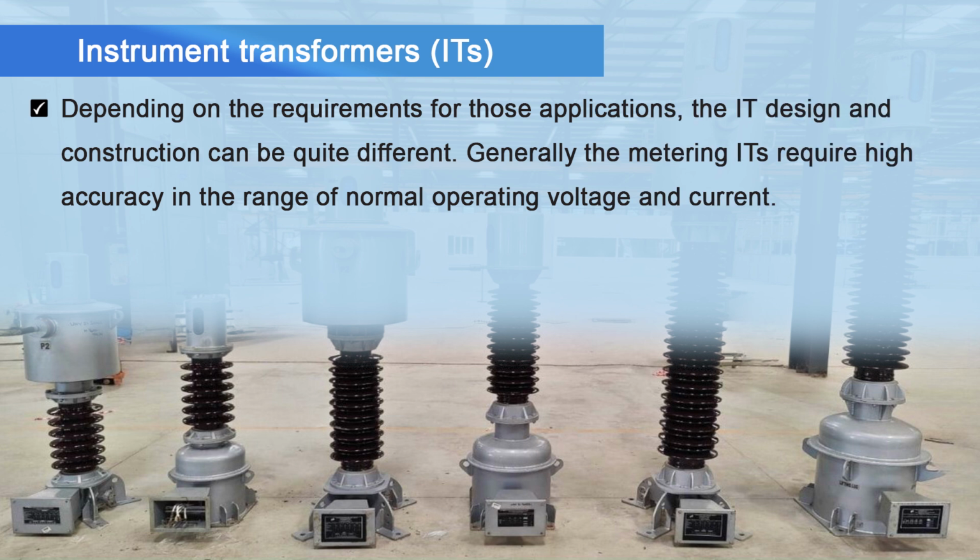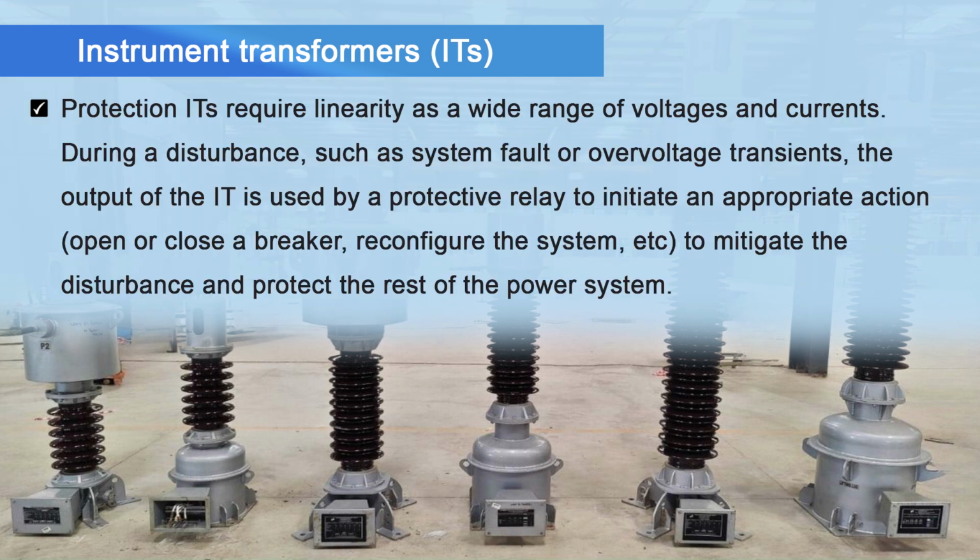Depending on the requirements for those applications, the IT design and construction can be quite different. Generally, the metering ITs require high accuracy in the range of normal operating voltage and current. The protection ITs or instrument transformers require linearity over a wide range of voltages and currents.